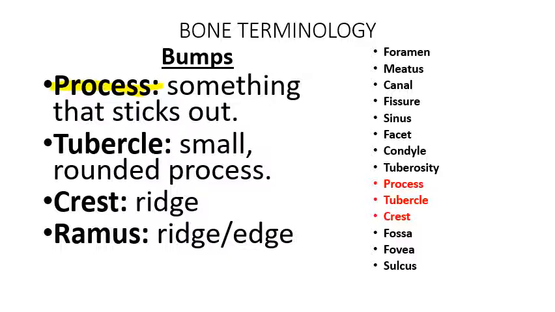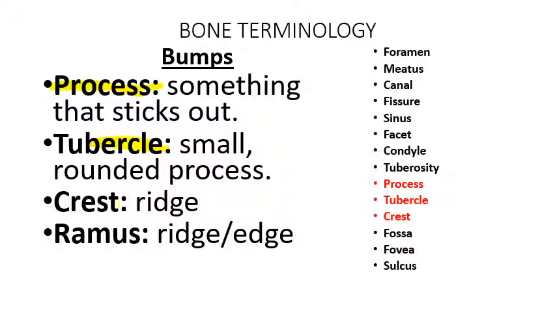Okay, a tubercle is a small rounded process, right? If you have a piece that sticks out from a bone and it's long and sharp, you would call that a process. Whereas if it's small and rounded, you would call it a tubercle.